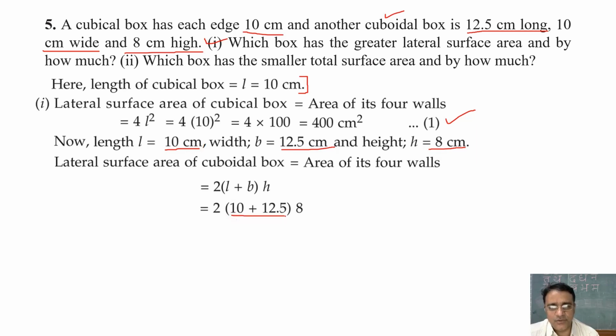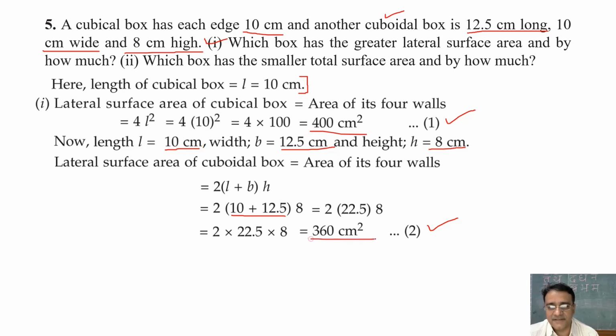So this is 22.5 into 2 will be 45 into 8. Okay, 45 into 8 you will get 360 centimeter square.